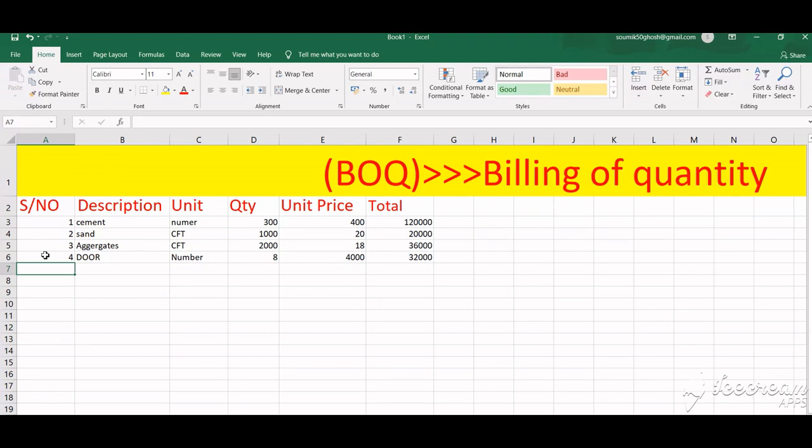Next, serial number 5. Description is window. Unit is number.